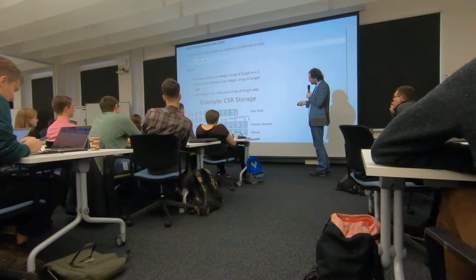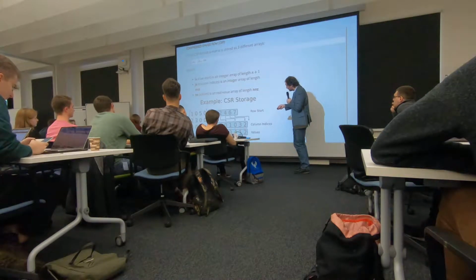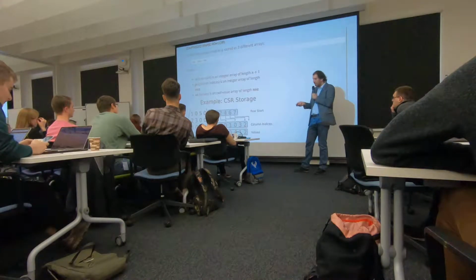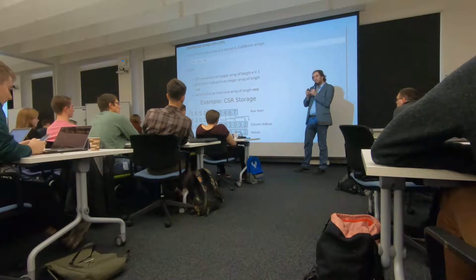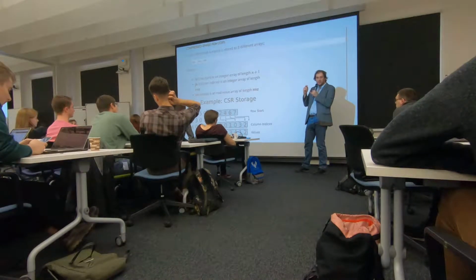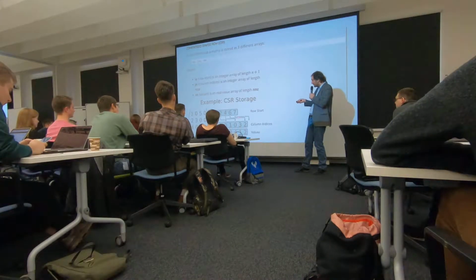We say the 0th row starts here, and the first row starts here, second row starts here. So 1, 5 would be 2 elements from the 0th row, 2, 3 would be 2 elements from the first row, and so on. So, formal definition, they point to the first element of the corresponding row. And these are pointers in these compressed arrays.